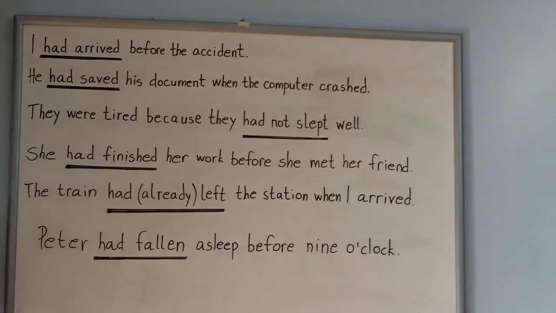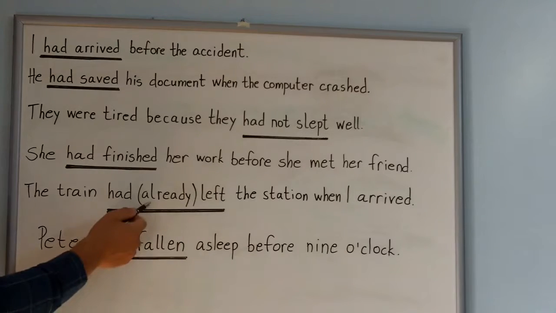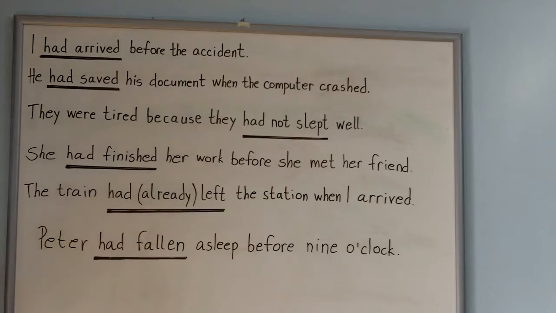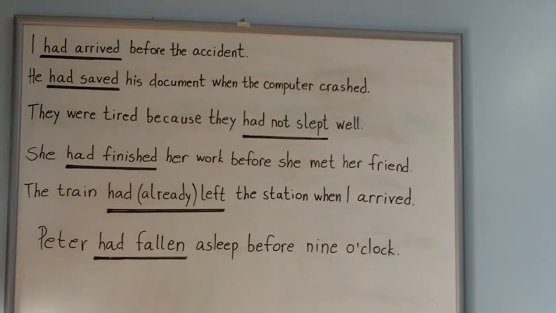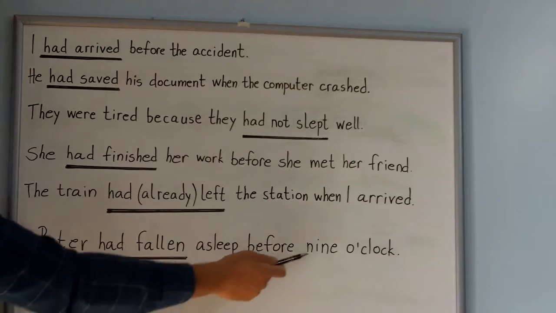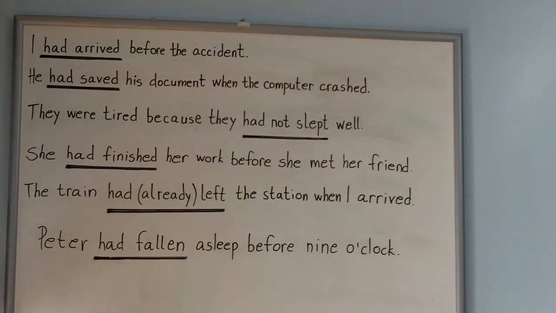The train had already left the station when I arrived. Here we have this word already, which is used here to put stress on the whole action. Finally, in this sentence, Peter had fallen asleep before 9 o'clock. We have an action that happened before a moment in the past, 9 o'clock.